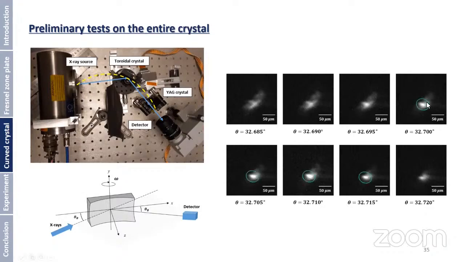The intense focal spot appeared around the Bragg angle, but with elliptical aberration, which is a characteristic of astigmatism. We can also see some tails on this focal spot that indicate the coma aberration.